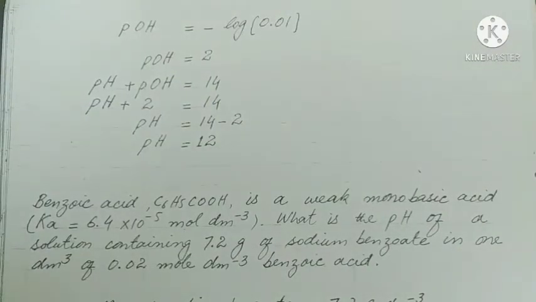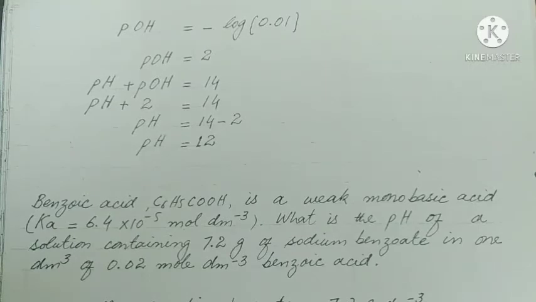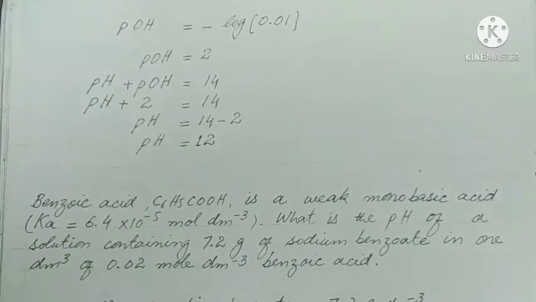Put the value of OH negative ions. So pOH is equal to minus log into 0.01 mole. pOH is equal to 2. Sum of pH plus pOH is equal to 14. And if we want to calculate the pH, and value of pOH is 2, 14 minus 2 is equal to 12. So pH of ammonium hydroxide is 12.